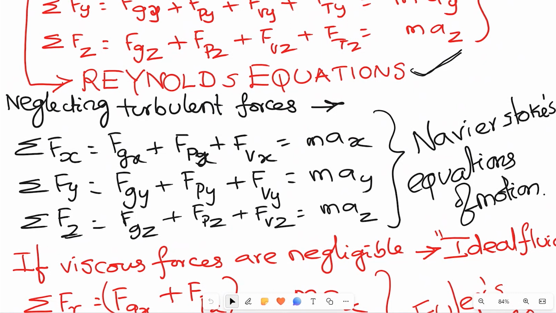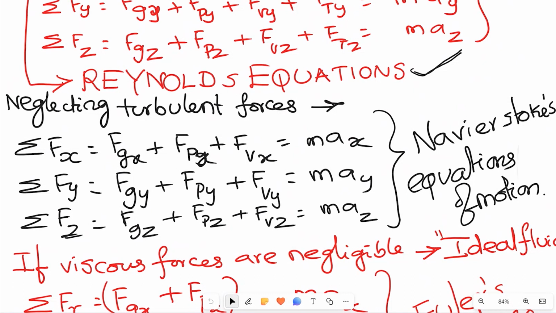If you consider these three forces, then it becomes the Navier-Stokes equations of motion. In the Navier-Stokes equations of motion, we consider only gravity force, pressure force, and viscous force. At this second year level, we will not go into the Navier-Stokes equations of motion, but only remember that they consider gravity force, pressure force, and viscous force.